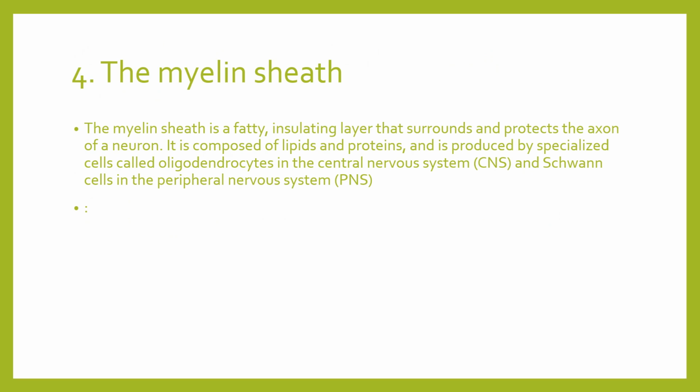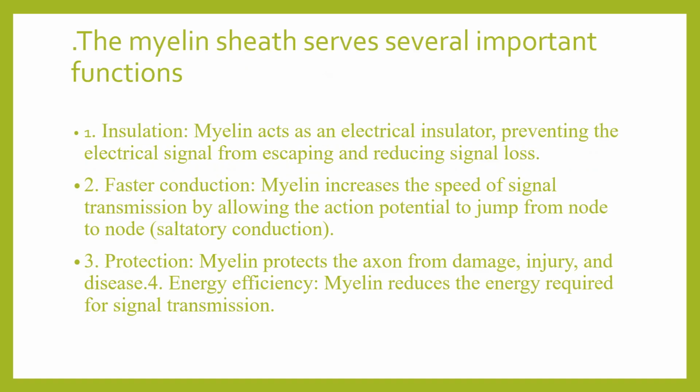Myelin sheath. It is a fatty insulating layer that surrounds and protects the axon of neurons. It is composed of lipid and protein, produced by specialized cells called oligodendrocytes in the central nervous system, the CNS, and Schwann cells in the peripheral nervous system. The myelin sheath serves several important functions. Insulation: the myelin sheath acts as an electrical insulator, preventing the electrical signal from escaping, reducing signal loss.